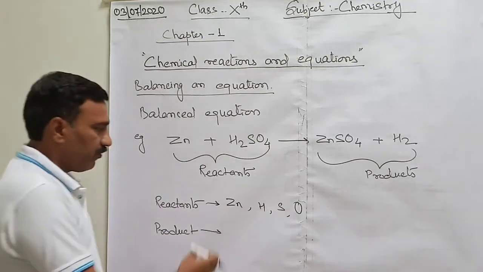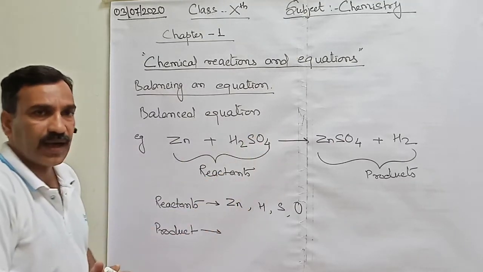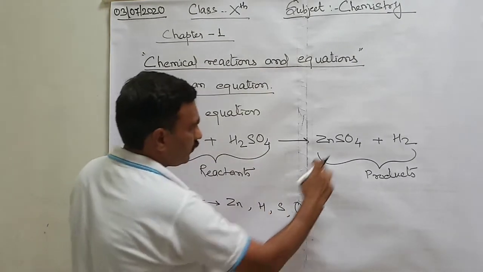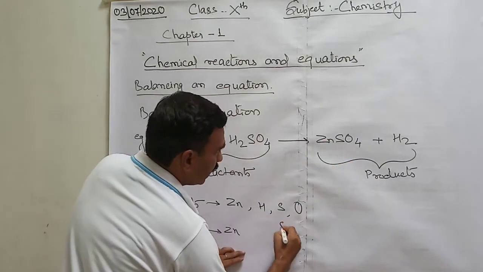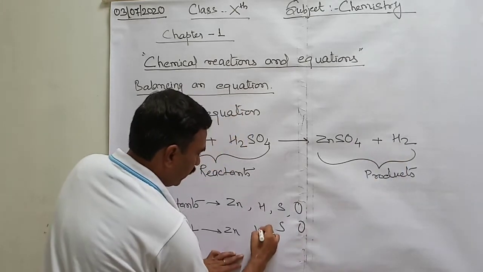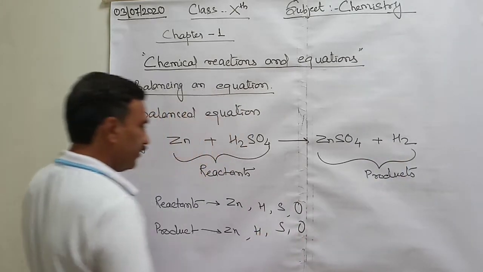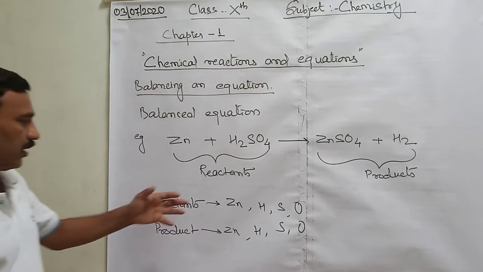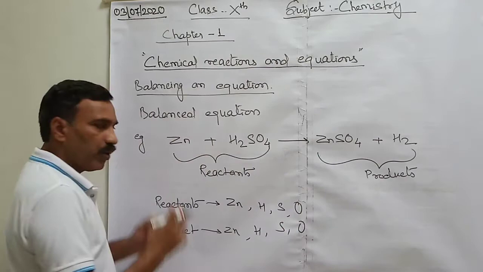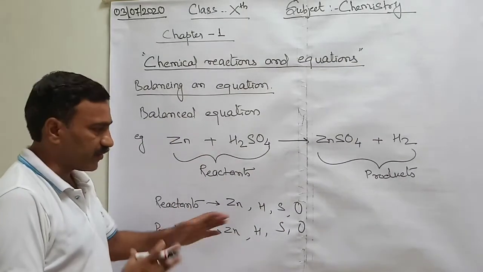Now let us see whether these are all on the product side or not. Zinc is there, sulfur is there, oxygen is also there, and hydrogen is also there. So you can say all the elements are on both sides. This was the first technique.